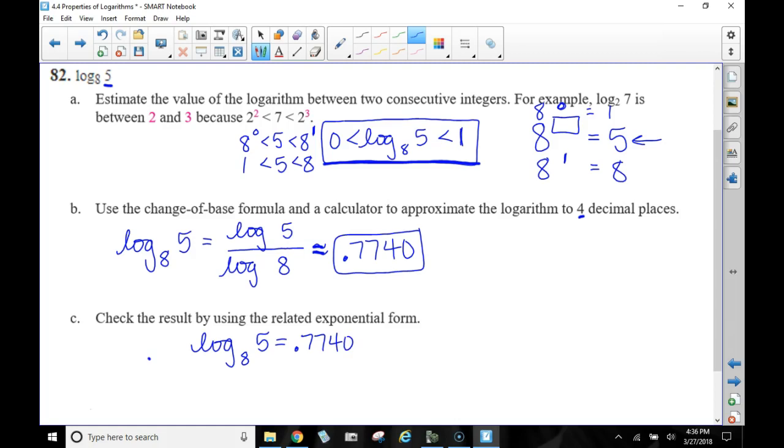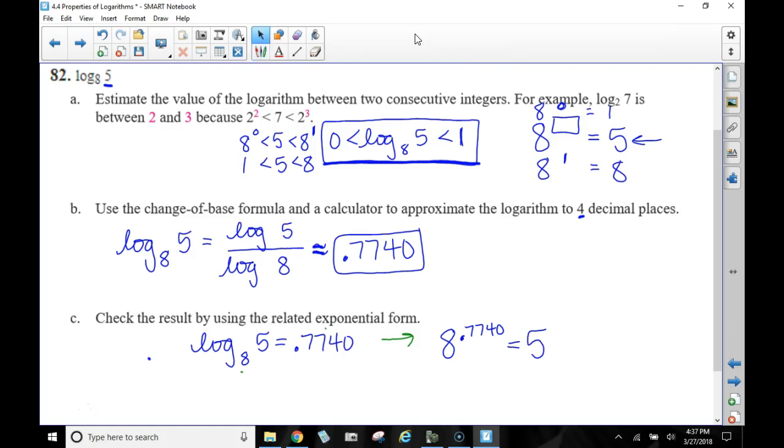Now, its related exponential form is base to the that, so I'm going 8 to the 0.7740 power equals 5. I'm going to check that on my calculator.